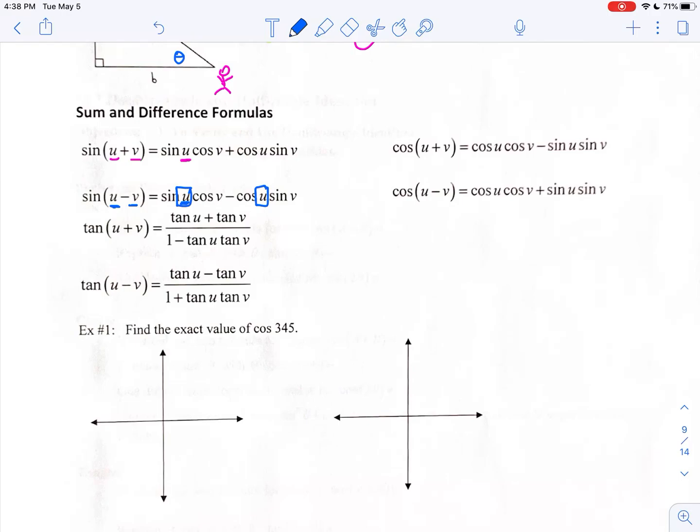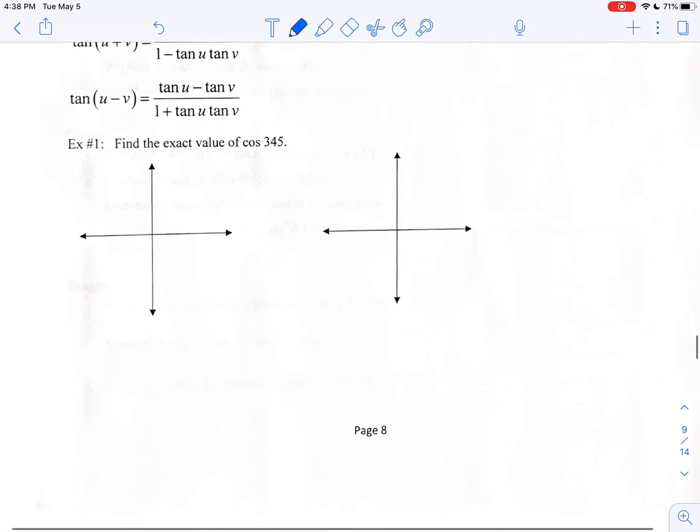However, if it is the sum and you switch 345 as 45 plus 300, just stay consistent on the right hand side, but it doesn't matter which one is u and which one is v. If it's a difference, it does matter. That's true for the tangent sum and difference formulas as well as cosine. So we'll take a look at the next example.